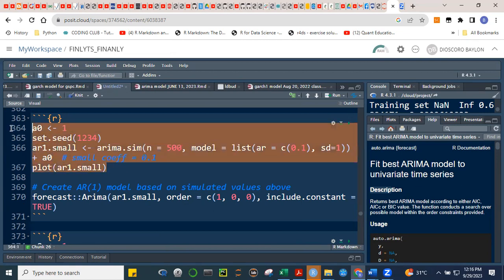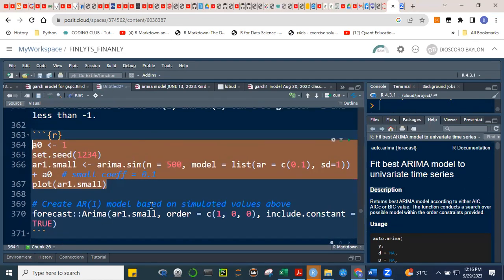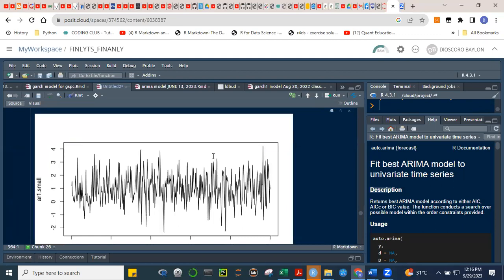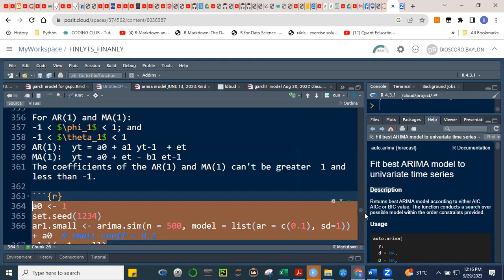So let's run this together. Control Enter. Okay, and then we now have a plot. This is the plot. So this is your small AR1. You notice, class, that this is an AR1 process.